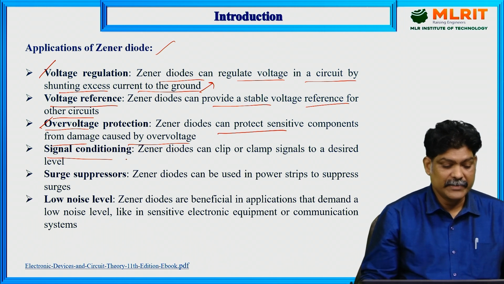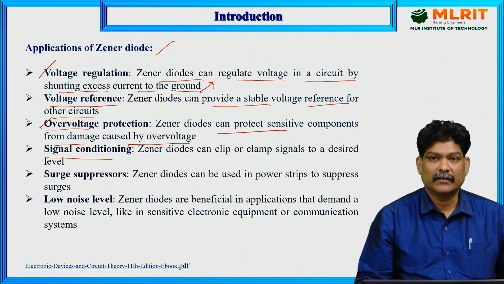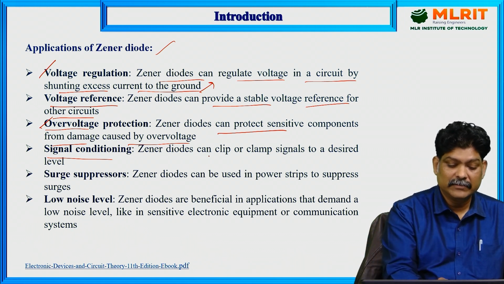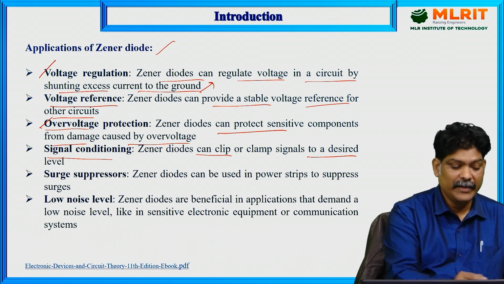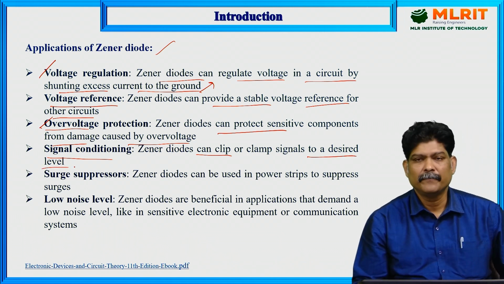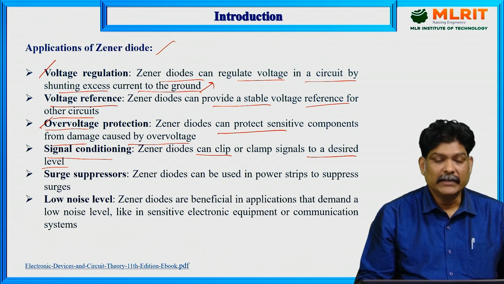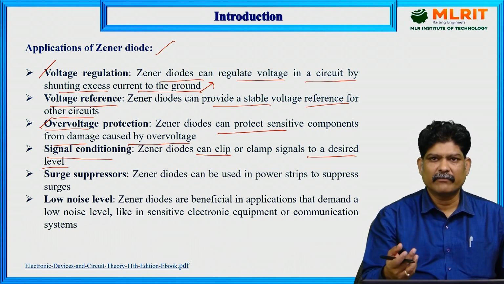Now, signal conditioning. Zener diodes can be used in signal conditioning, because they can clip or clamp signals to a desired level. A few circuits require specific voltages.